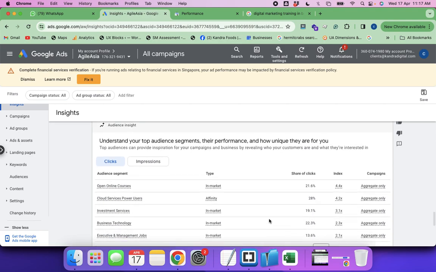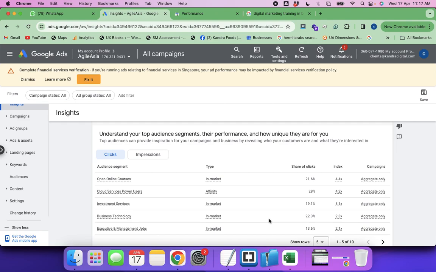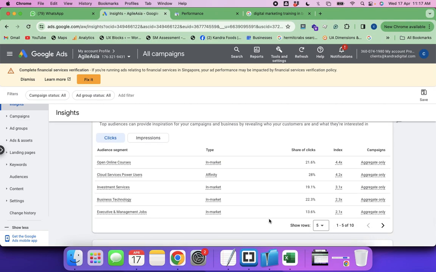Understand your top audience segments, their performance, and how unique they are for you. Top audience segments: people who are interested in open online courses, cloud services, investment services, business technology, executive and management jobs.